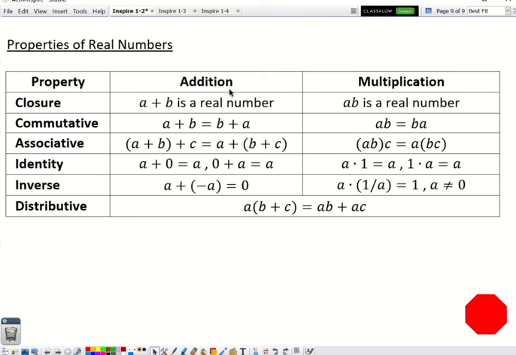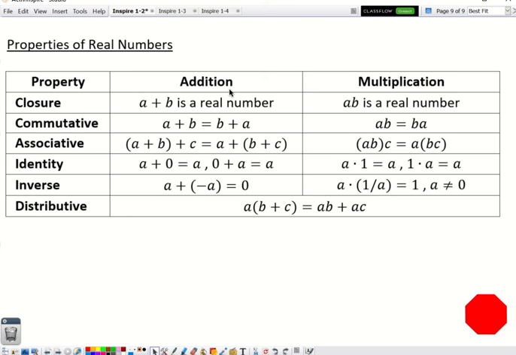Let's say the integers. Are the integers closed under addition? If you add two integers together, do you get an integer? The answer is yes. Are the integers closed under multiplication? If you multiply two integers together, will you get an integer as an answer? I think the answer is yes.